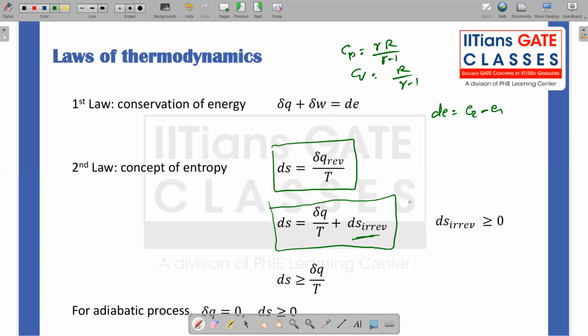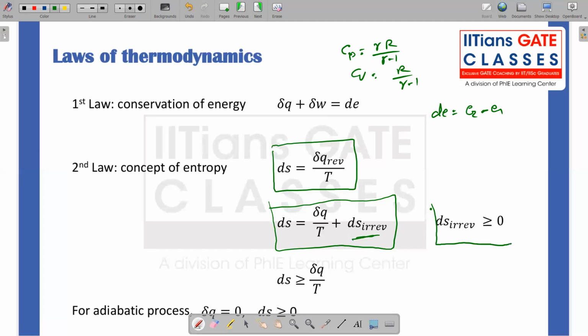That can be due to friction, or thermal diffusivity or viscosity. These are variables that induce irreversibilities in the system. So my second law can be written as dS is equal to delta Q by T plus dS irreversibilities.